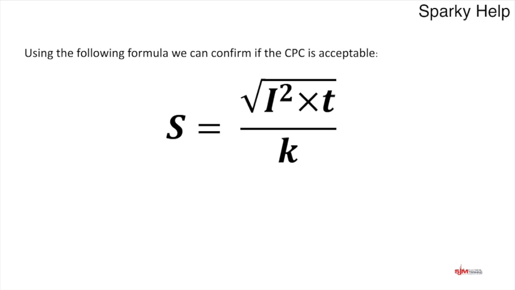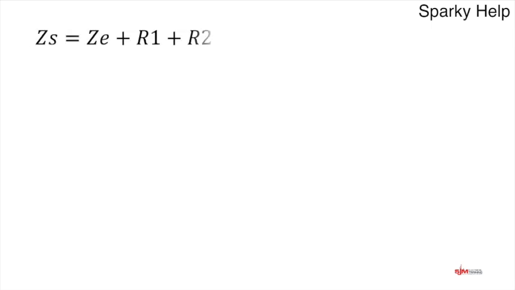Let's look at the formula to confirm whether this CPC is acceptable or not. Well, we obviously know the formula. S is equal to square root I squared times T divided by K. Let us find the current first of all. Well, current, as we should all know, we need to know the ohmic value. So ZS is equal to ZE plus R1 and R2.